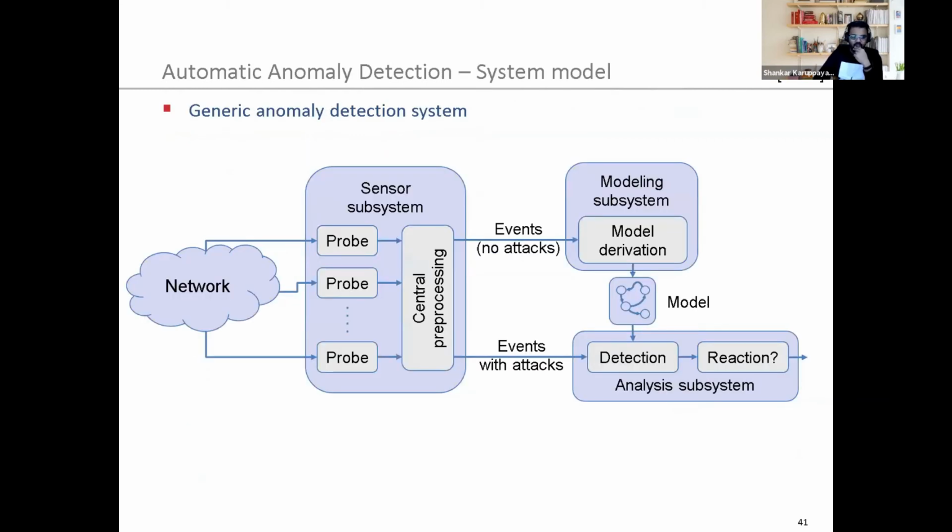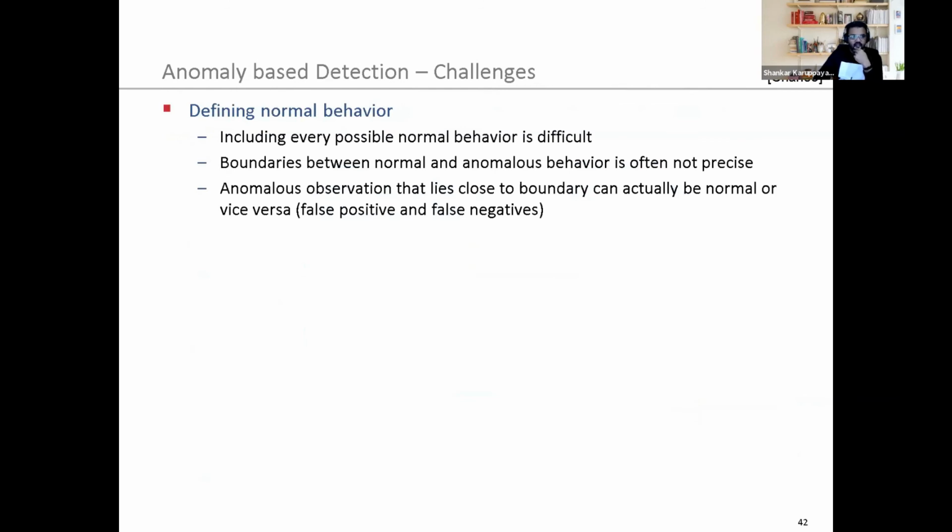Okay, I will skip this. As I mentioned, the challenge of anomaly-based detection is to define what is normal. You need to include every possibility of normal behavior, but this is quite difficult because the boundaries between normal and anomalous behavior are not very precise.